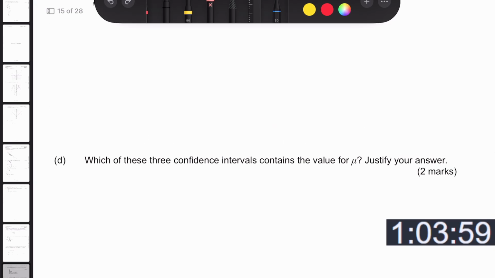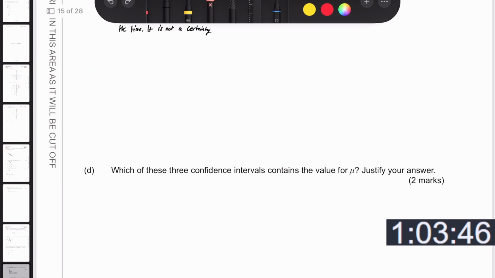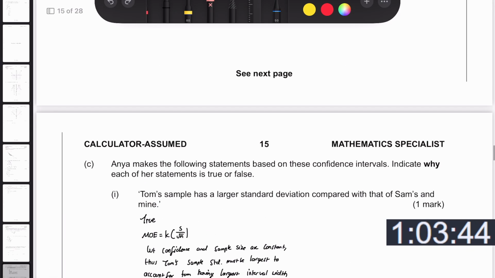Contains the value of mu. Like, this doesn't mean the actual value of mu. Plus, surely the answer isn't just Tom.